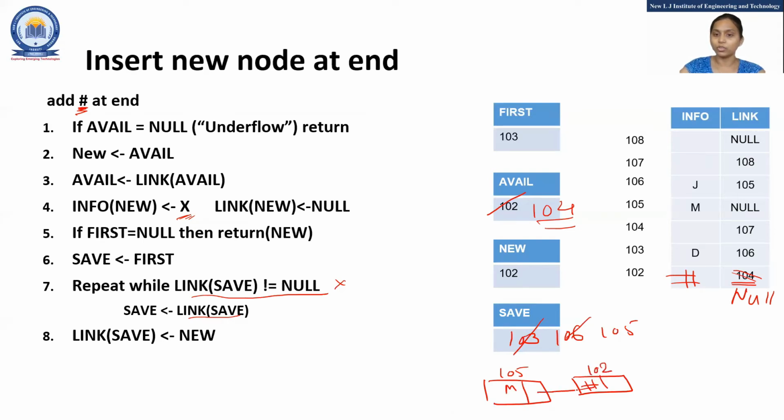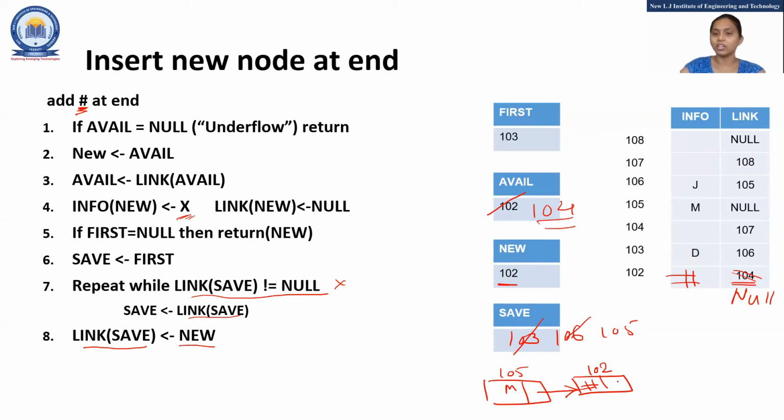So now this will point to 102. How can you do this operation? By link of save. Link of save means the 105 link part would be updated with the address of new. New has value 102. Okay. So this M will now point to the hash sign.